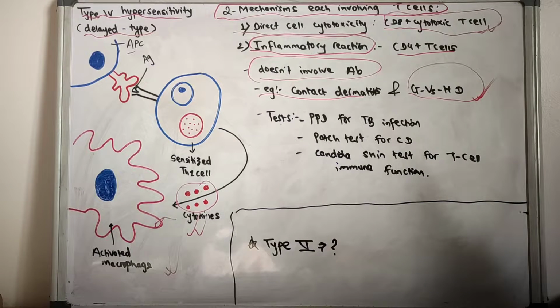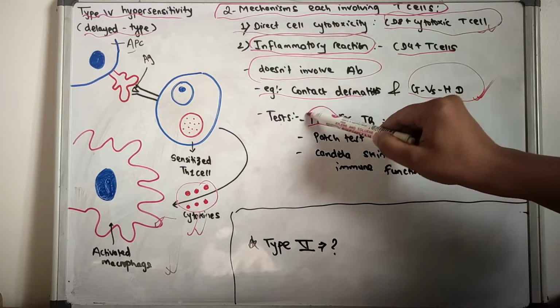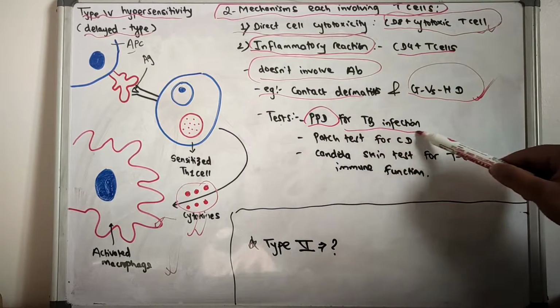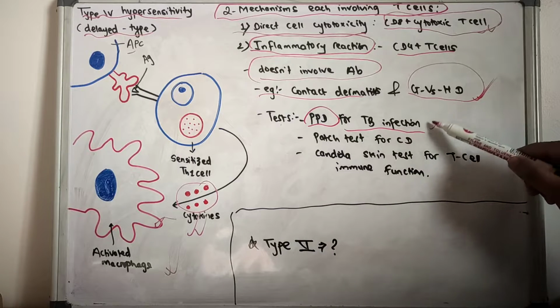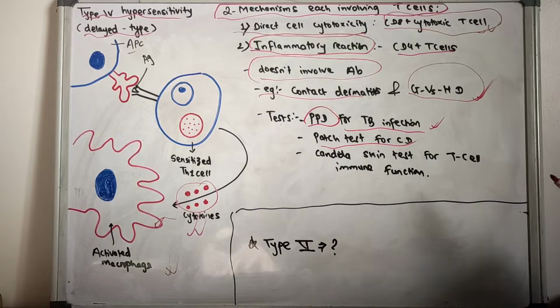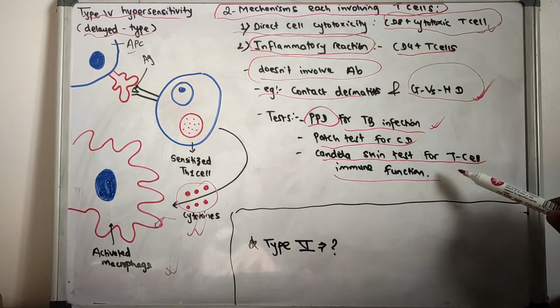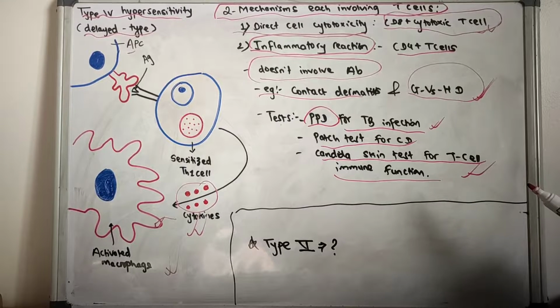Tests for type 4 hypersensitivity include the purified protein derivative, PPD, for TB infection, the patch test for contact dermatitis, and the candida skin test for T cell immune function. These are some examples of the tests of the type 4 hypersensitivity reaction.